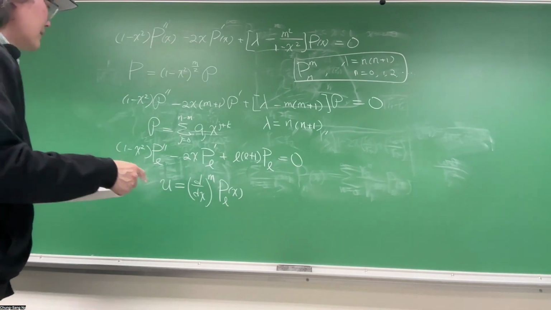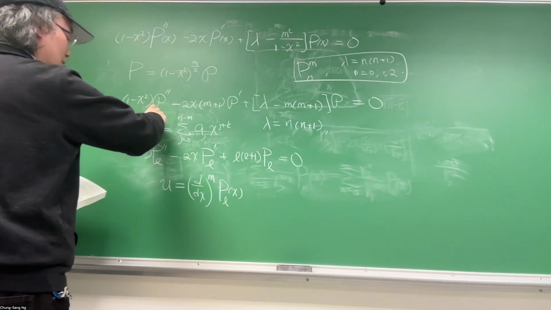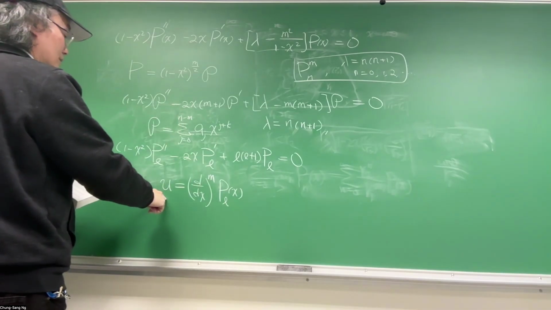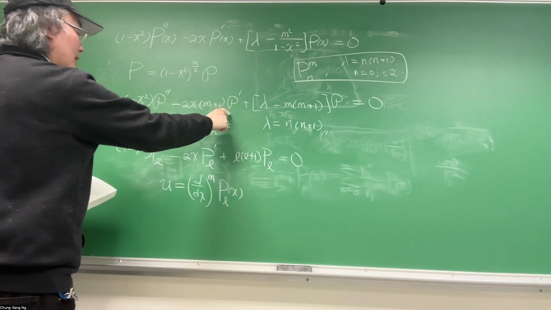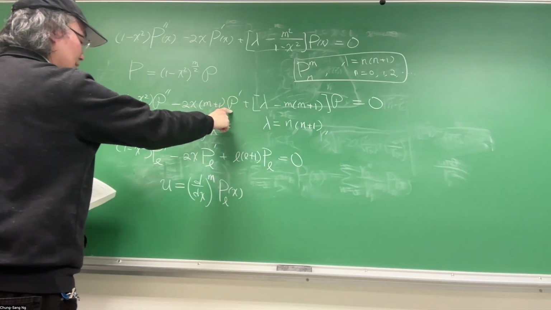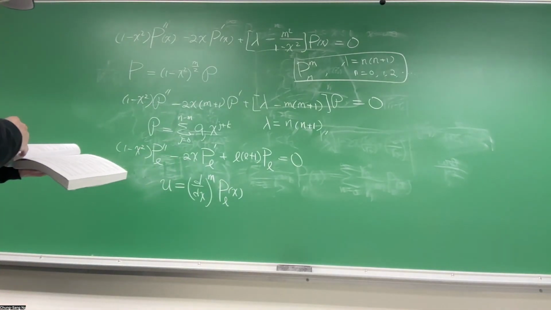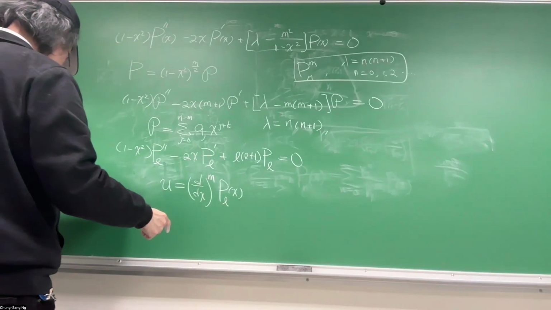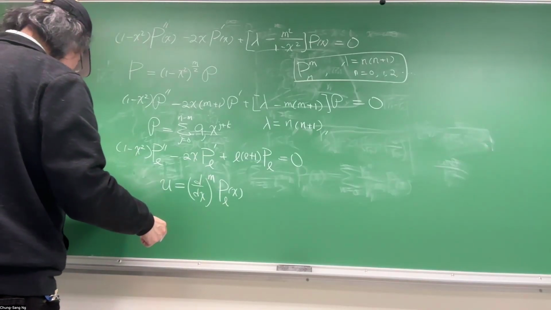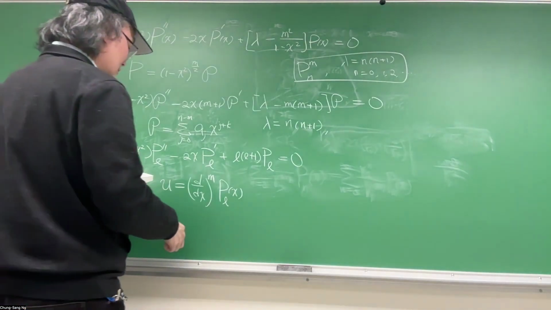You basically substitute this into here. So script p equals u. You need to do the derivative of this one, and then the derivative of this one, right? And so it's not too bad.